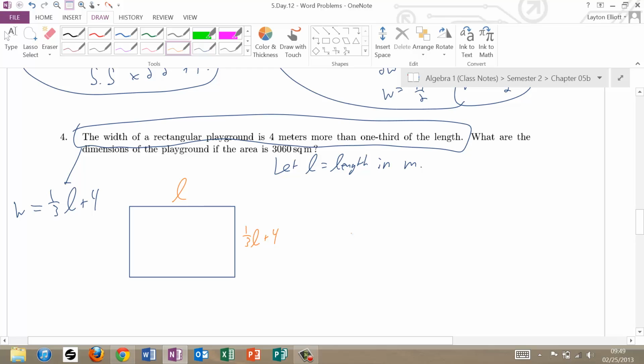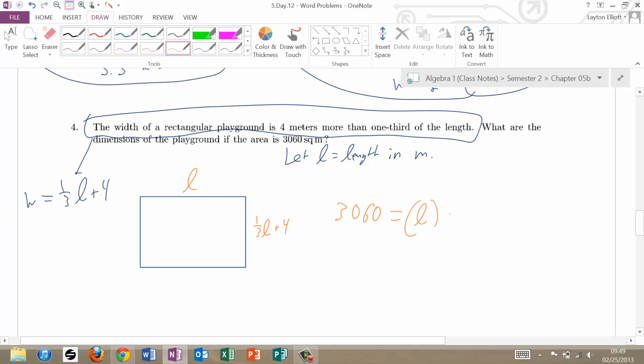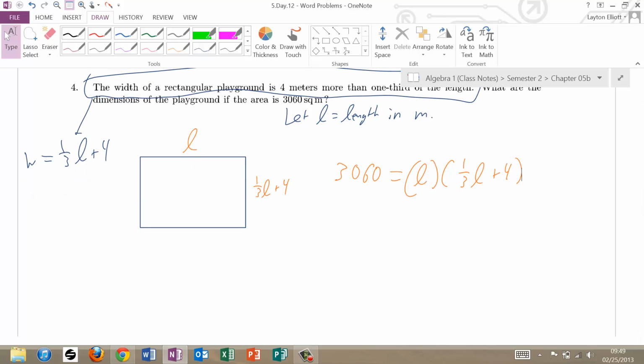And it says area is 3060, so same thing, 3060 equals length times width, and this is what we're solving. Best way to solve this, let's simplify the right side. 3060 equals 1/3 L squared plus 4L.